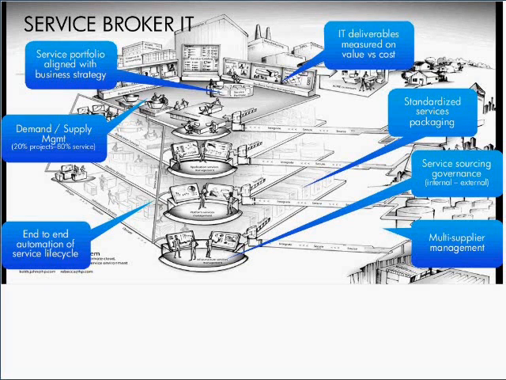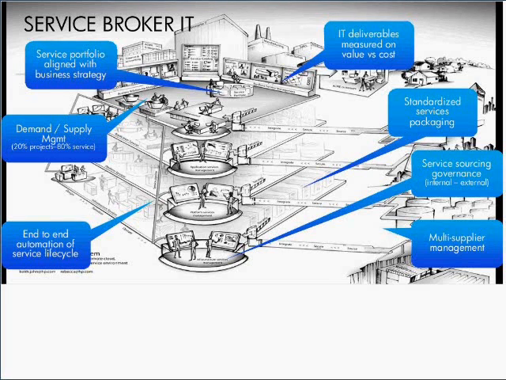And being able to do demand-supply matching on services, while it's going to be new, is going to be much more effective than trying to do demand supply management on assets, right? So what we want to do is invert that metric from being 80-20 project to service request to 80% service request and 20% projects. And the service portfolio and the whole new service-centric model for IT enables that to happen.